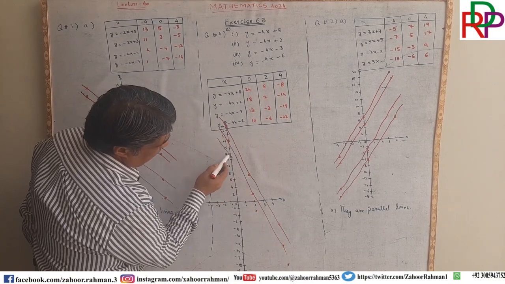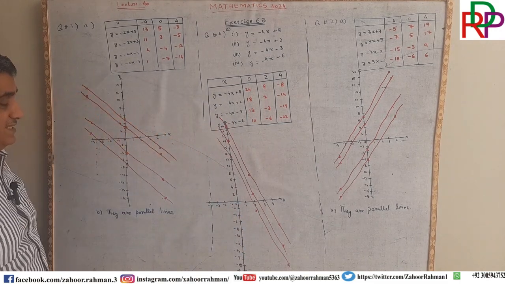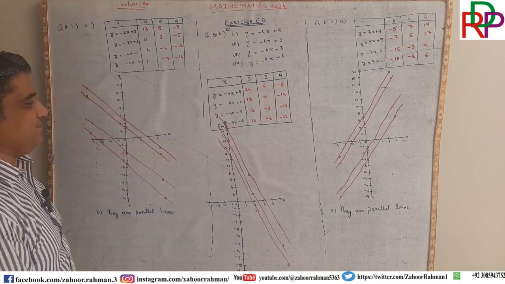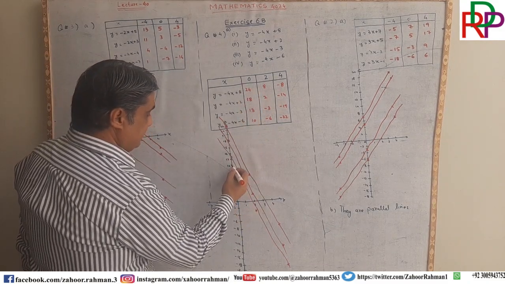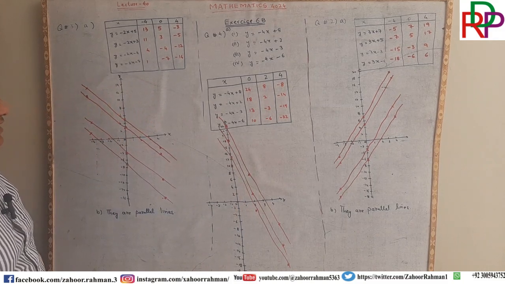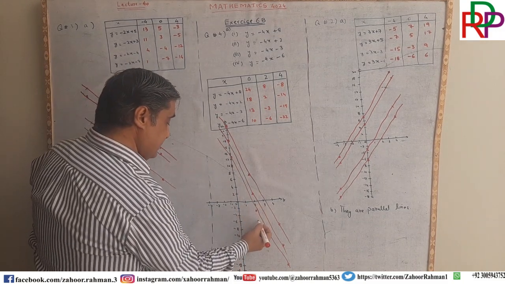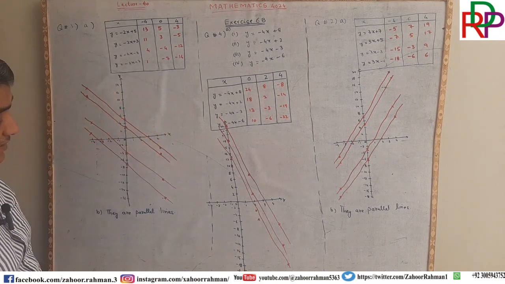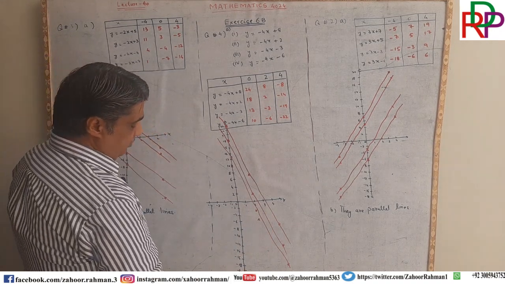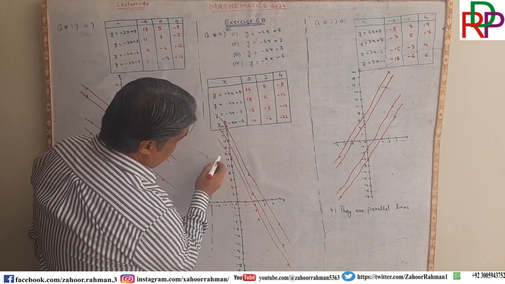Again we have to connect these lines like this, and then we have 0, 10, which is here, and for 2 minus 6, so it will be somewhere here, and for 4 minus 22, so it will be minus 22.